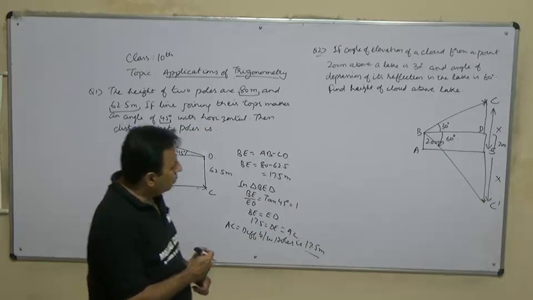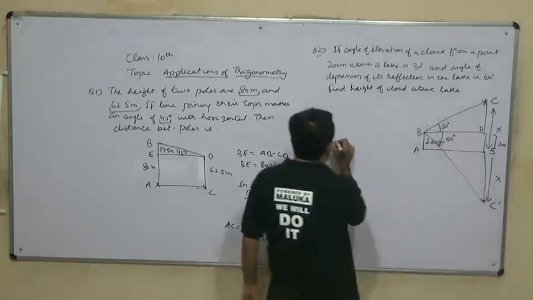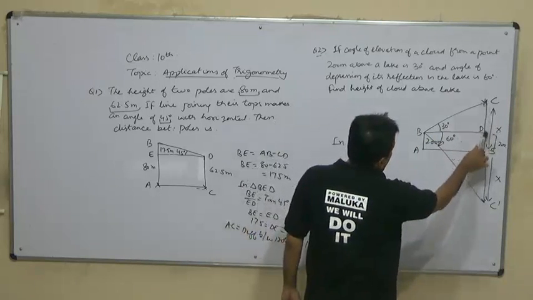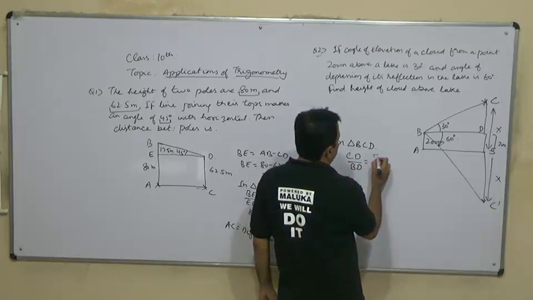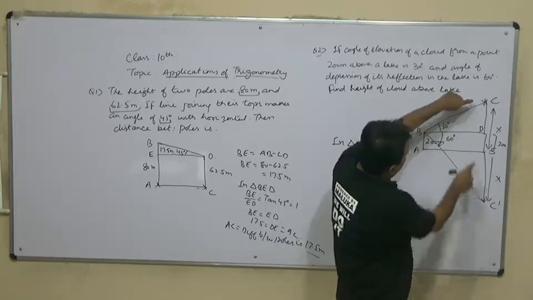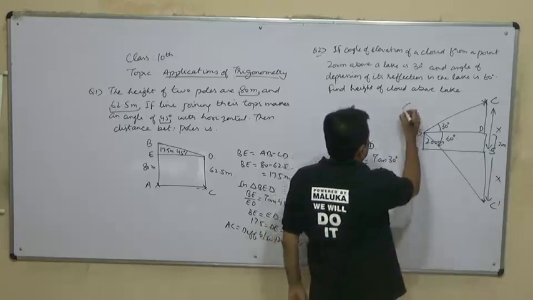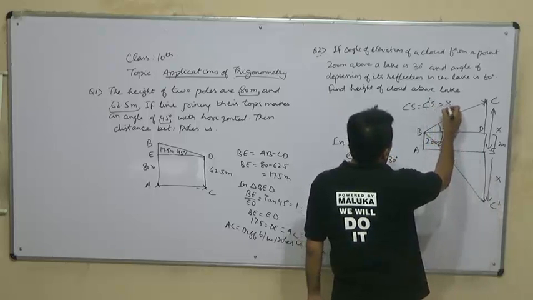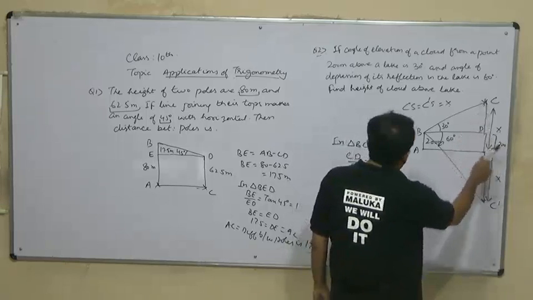Now first of all, in triangle BCD, CD upon BD is equal to tan 30 degree. What is the value of CD? We know that CS is X, and C dash S is also X. This total is X and this is 200, so CD is X minus 200.